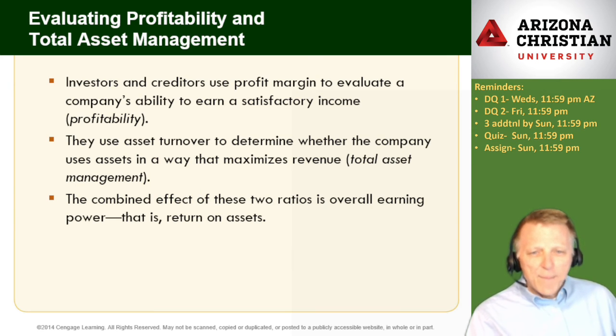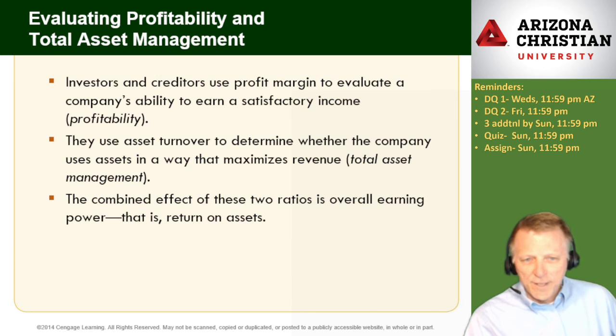When assessing a business's financial health, decision makers should also be looking at profitability and total asset management, another couple of ratios to look at. These metrics provide understanding of the company's ability to earn a satisfactory income and whether the company uses assets in a way to generate revenue.